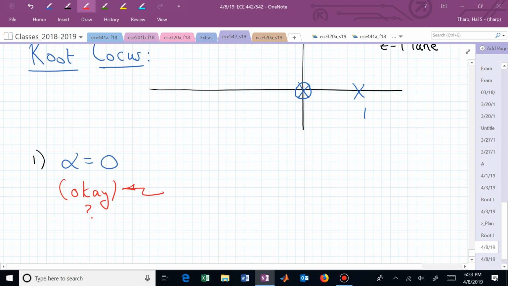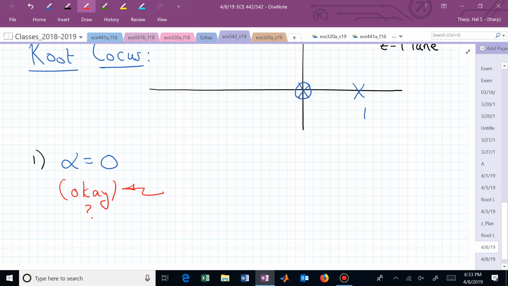Where can I cancel poles and zeros? Inside the unit circle. Probably don't want to be close to the unit circle in practice, but inside the unit circle is okay for canceling poles and zeros. You can't cancel poles and zeros outside the unit circle. We learned that from Ragazzini.